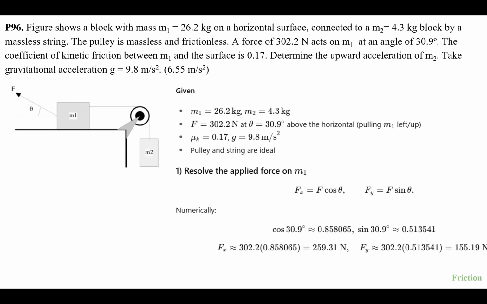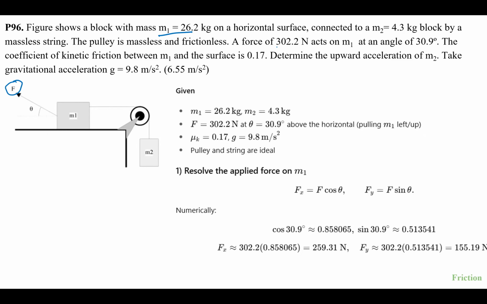And now let's think about a more or less similar problem, but with an additional force. M1 is on a horizontal surface and is connected to M2 by a string, okay. The pulley is massless and frictionless.